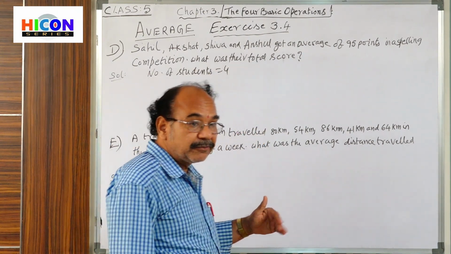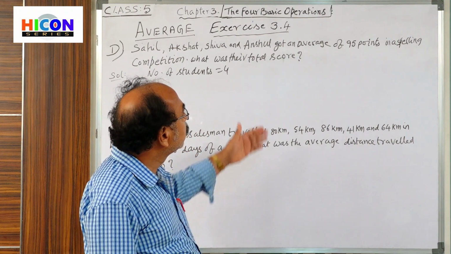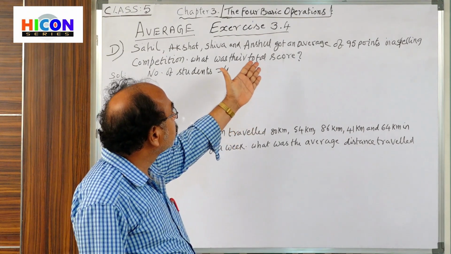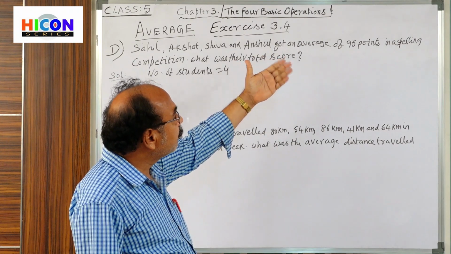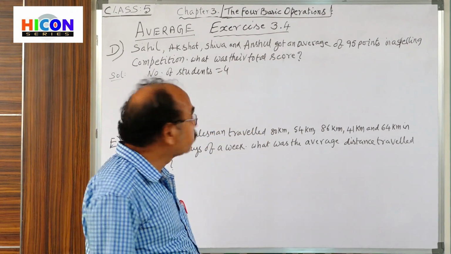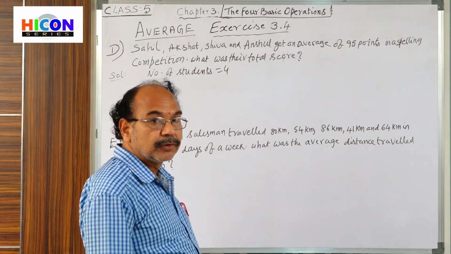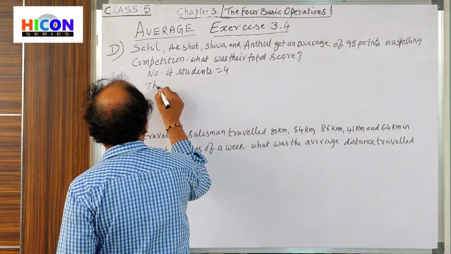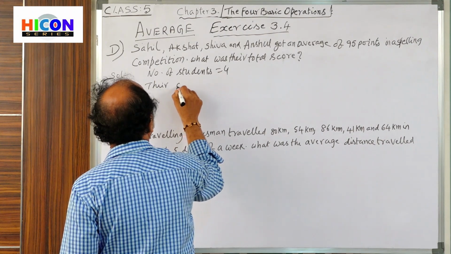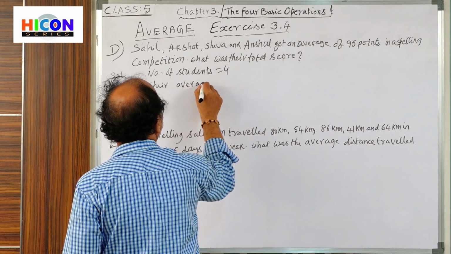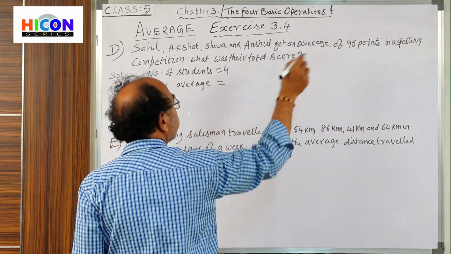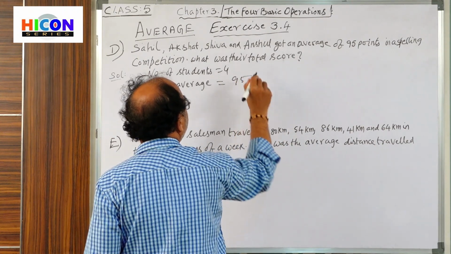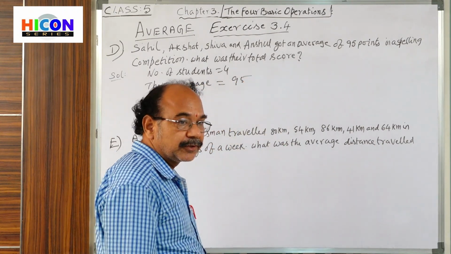What is the average of the 4 students? 95 points. And they got an average of 95 points in a spelling competition. So here, their average, their average how much here? 95. 95 the average.